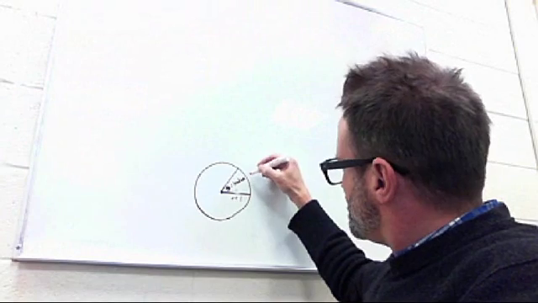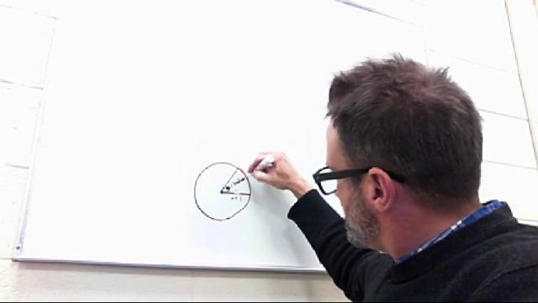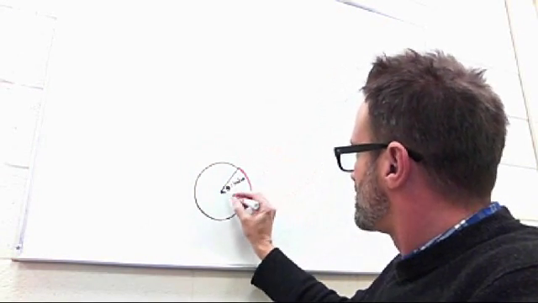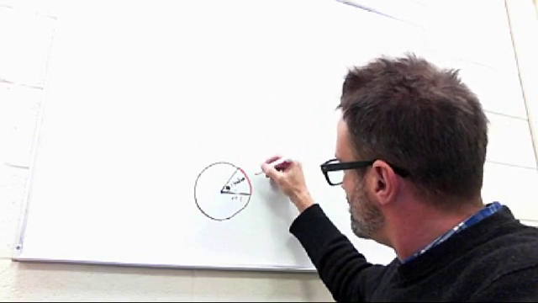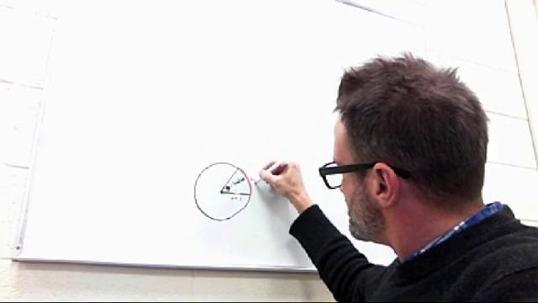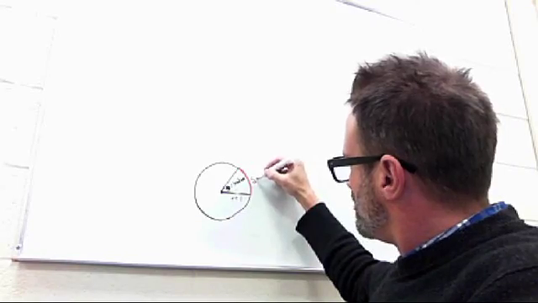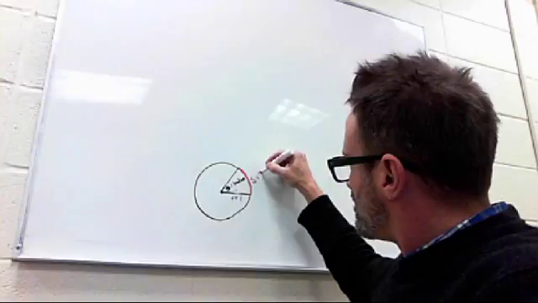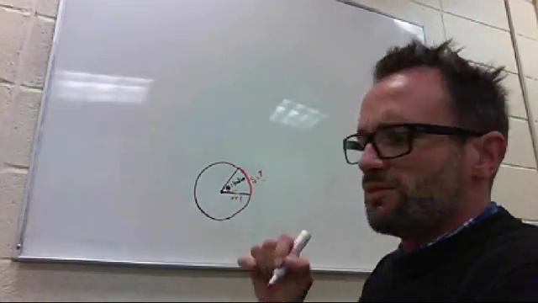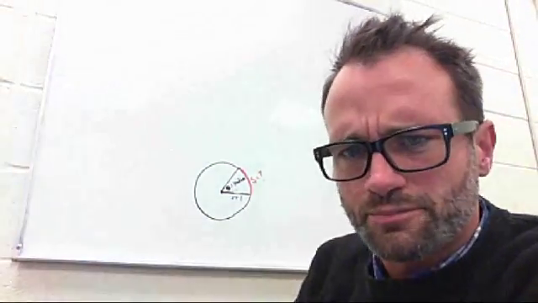if I were to ask you what the measure of this arc segment is that is cut off by this angle, let's call this arc S, what is the length of that arc? What would you tell me?